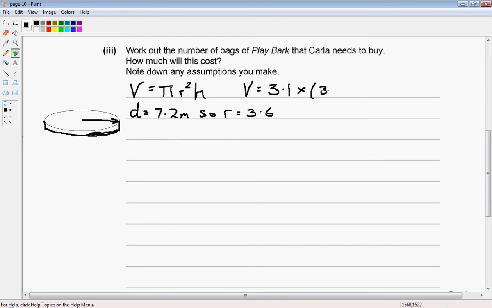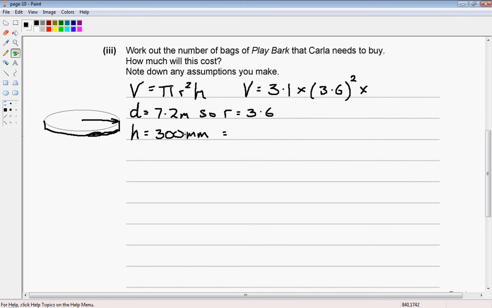So this would be 3.6, and remember this has to be squared, and then we're going to multiply that by h. Now h is the height. Okay, now h, if you remember, was 300 millimeters. That was 300 millimeters thick of bark. So we have to convert that as well to meters. Now I know that there's 1,000 millimeters in a meter.